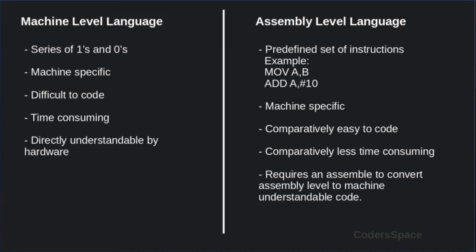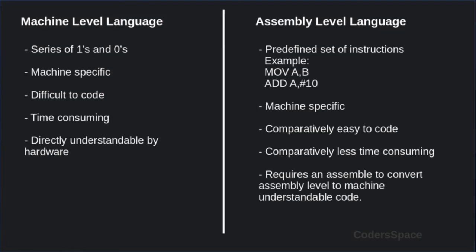An example is assembly level code for the 8051 microcontroller, which has a set of instructions. Move is an instruction and add is an instruction. Move is used for copying data from one memory location to another, and add is another instruction using which we can perform addition.